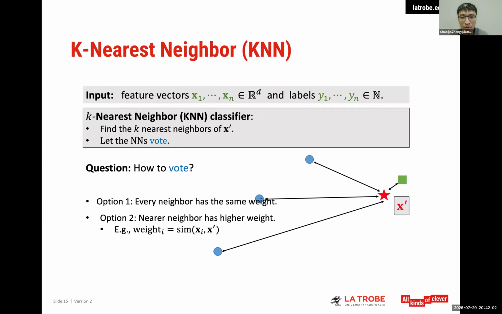The majority will win this new data point. And another option is we can use weighted vote. So we can use the Gaussian and Laplacian similarity measurement to achieve this weighted voting mechanism.